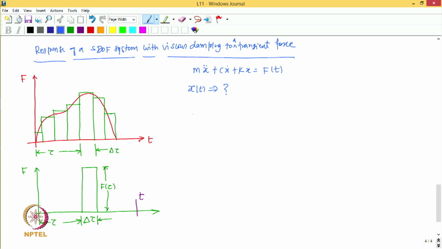Earlier we looked at the definition of delta of t, an impulse where the force is concentrated at the origin. If this impulse is translated on the time axis to a location tau, we have this impulse acting at location tau.